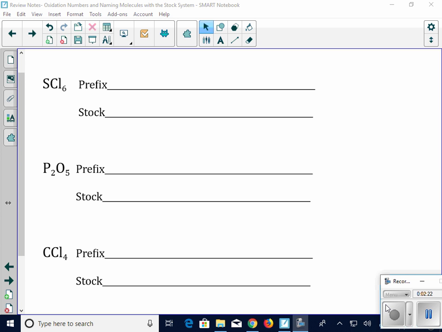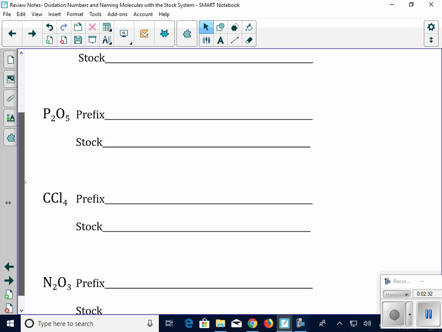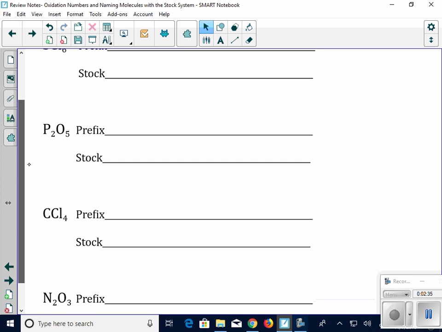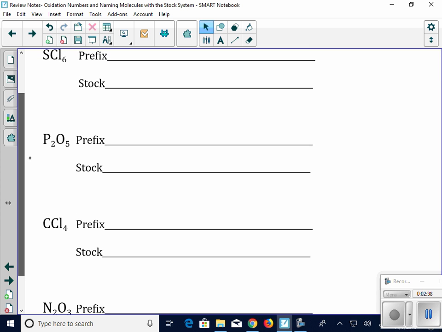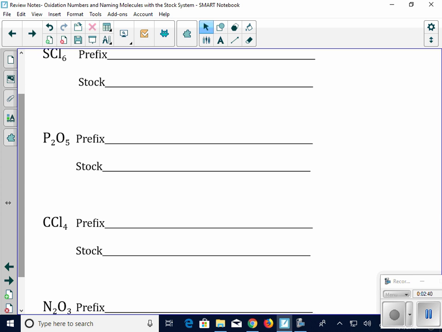Write these in your notes, and write the prefix way to name them, and then we'll go through and do the stock system way too. That's SCl6, and the bottom one is N2O3. Go ahead and copy those 4 questions down and name them using the prefix system. And then I will go over those and we'll do the stock system.